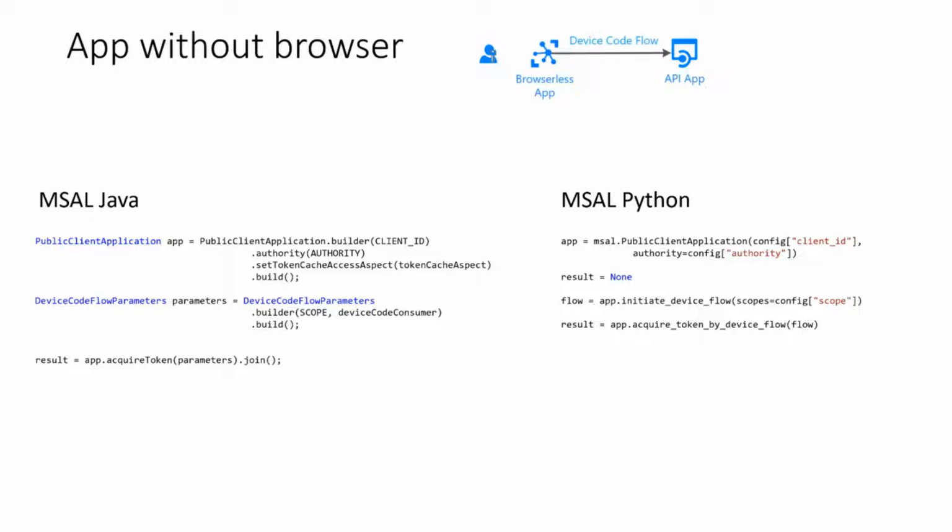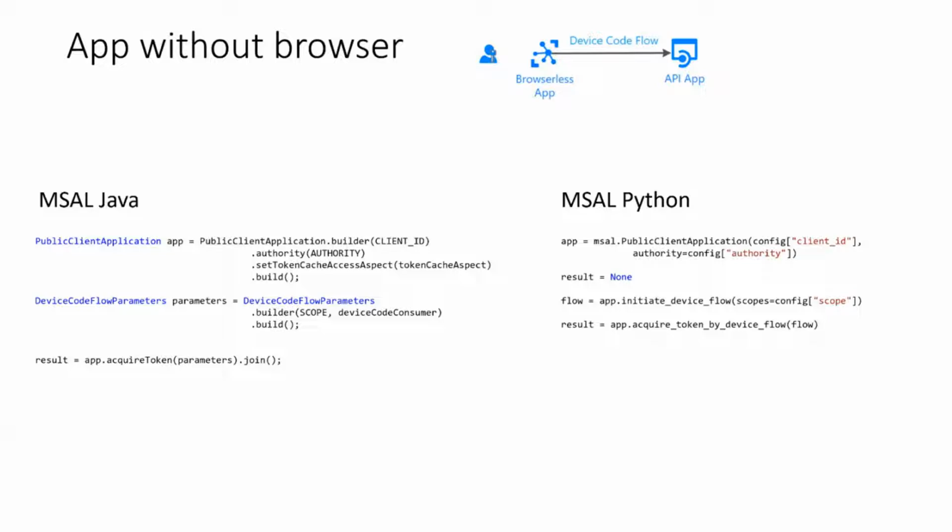So here we use the device code flow, which basically happens in two steps. When you initiate the device code flow, the user is presented with a URL and a code which is issued by Azure AD. The user is then asked to take this code and enter it at the URL specified in another device, such as a smartphone, for example. So they can open their web browser in a smartphone and enter the code.